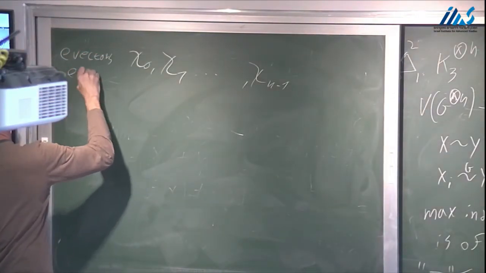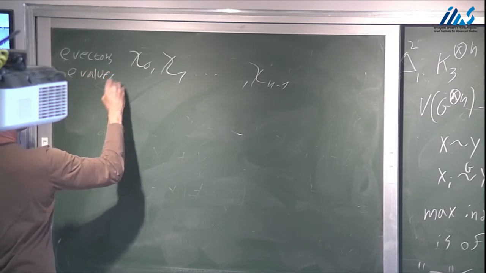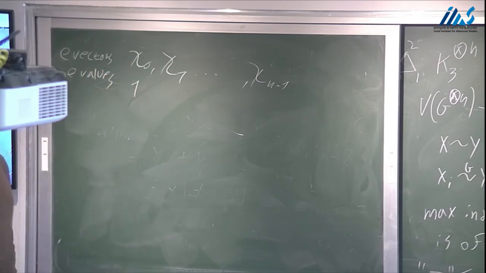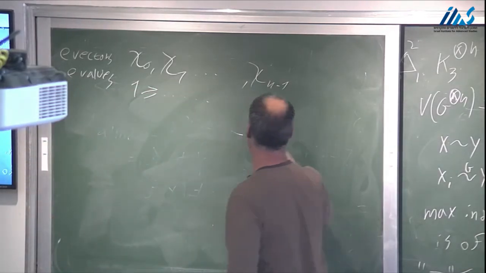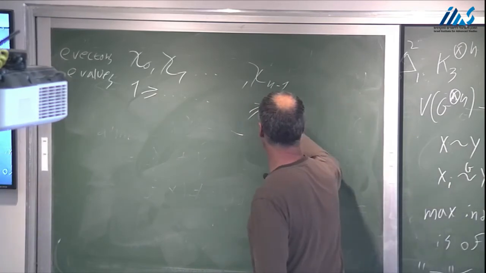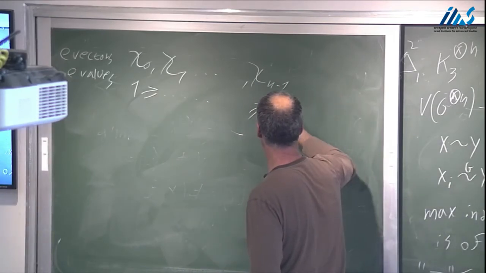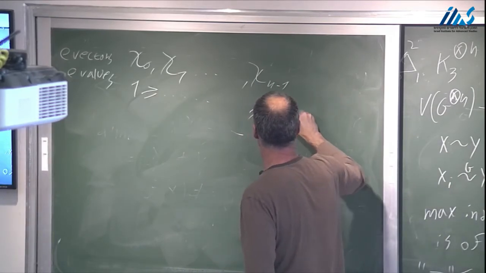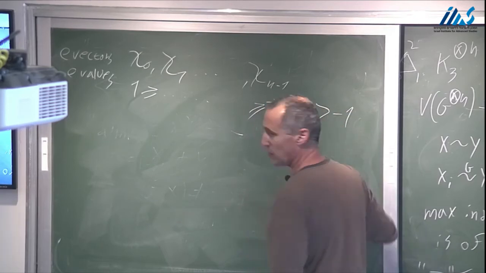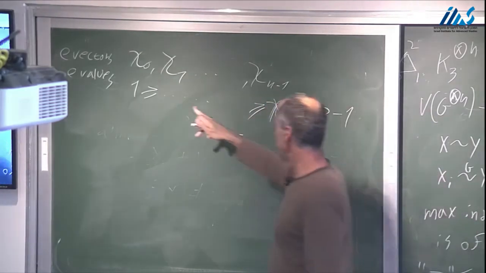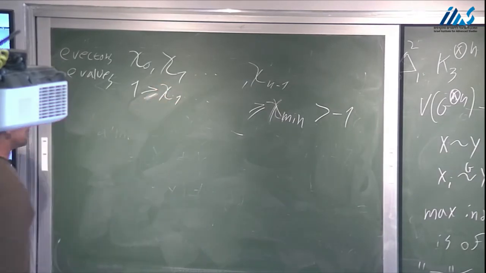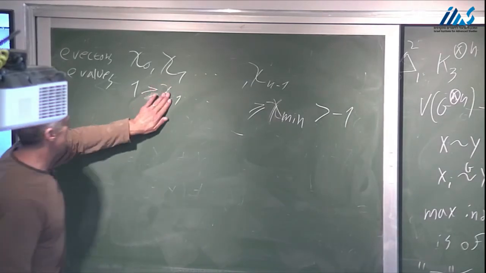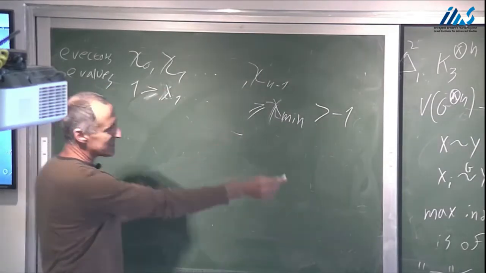If you normalize, the leading eigenvalue, the largest one, will be 1. If the graph is not bipartite, the last one, let's call it lambda min, will be strictly larger than minus 1. And if it's connected, then lambda 1 will also be strictly smaller than 1. So we have this basis.